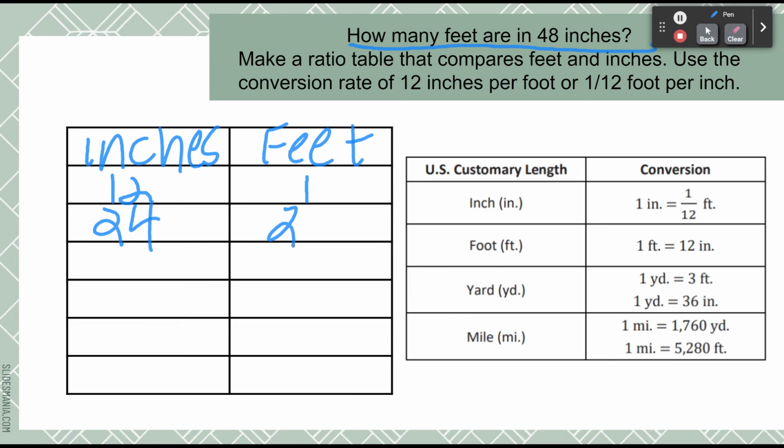And then if I were to triple, 36 to 3. And if we were talking about this in terms of an equivalent ratio table, this would be a times 12 or divided by 12 ratio table, because to get from feet to inches would be times 12. From inches to feet would be divided by 12.